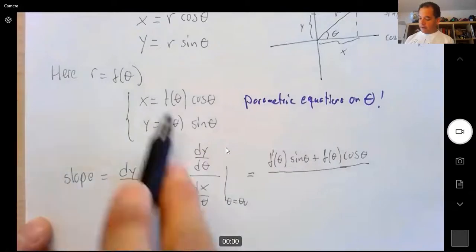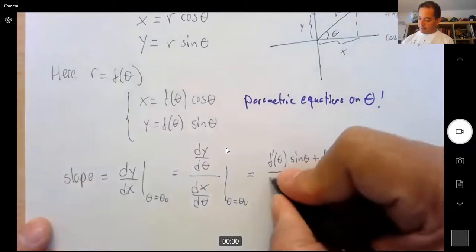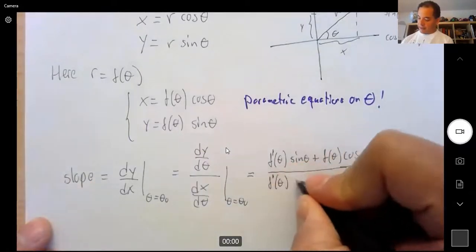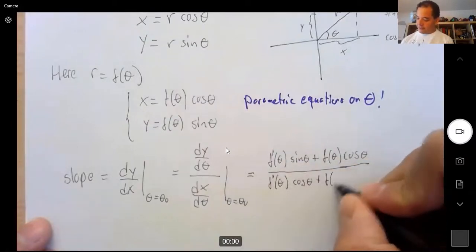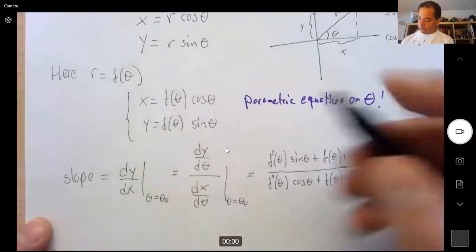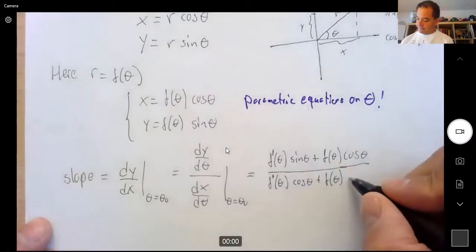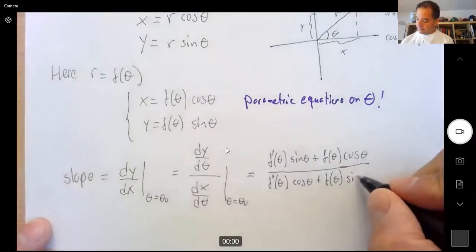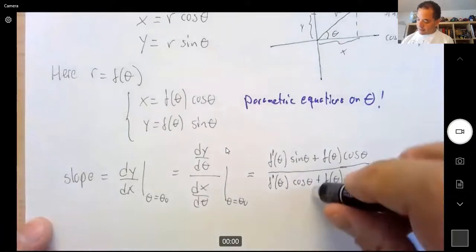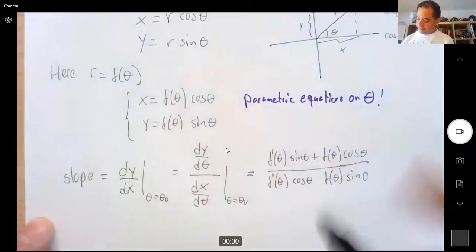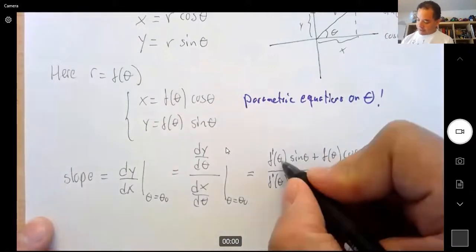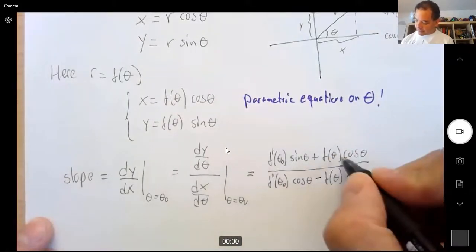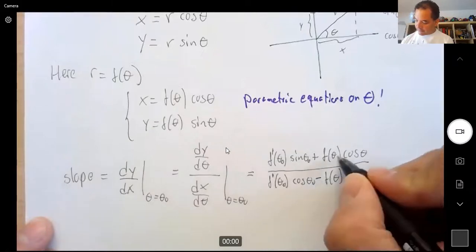So it's the derivative of the first one, f prime of theta, times the second one, plus the first times the derivative of cosine, which is negative sine. So that negative sign makes this a minus. And we plug in theta 0, so I'm just going to plug in theta 0 here.